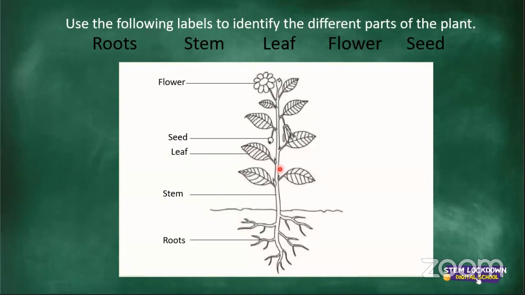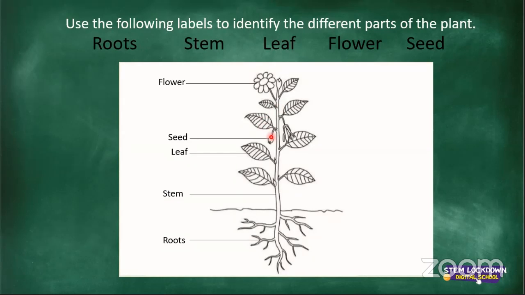And then also remember we said that from the roots we'll take nutrients, but where do those nutrients go? They have to go somewhere. So the stem will keep the nutrients up. It will support it. So it takes the minerals and the water from the roots and it transports it to the rest of the plant.